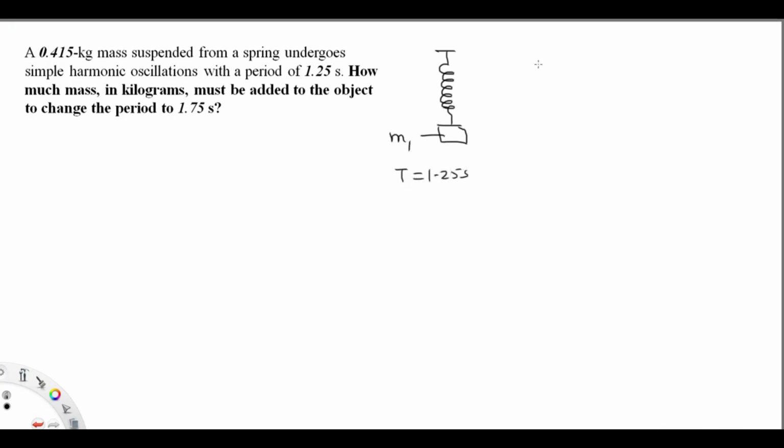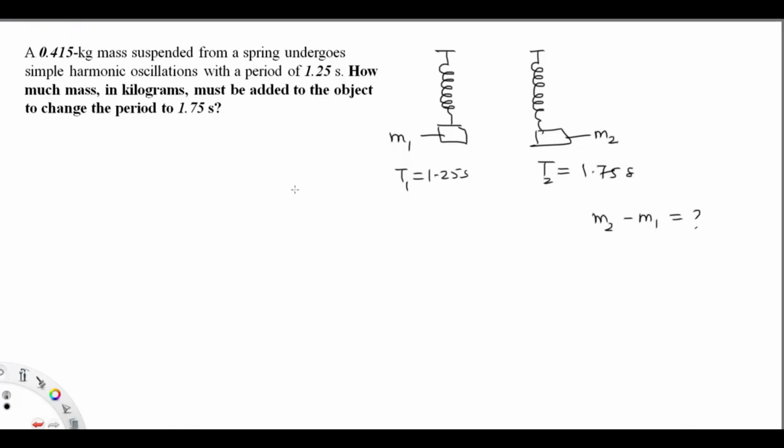Now you added some mass on it. This is now a little bit heavier, so that's called m2, where m2 is m1 plus some additional mass. So for that, the time period is now 1.75 second. So we want to find the additional mass, which is m2 minus m1.